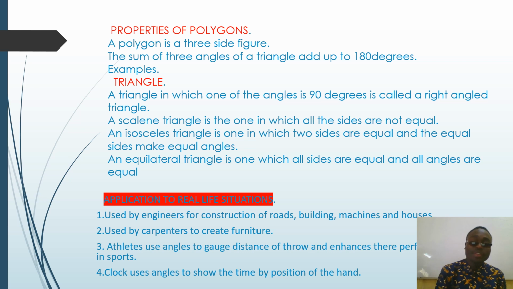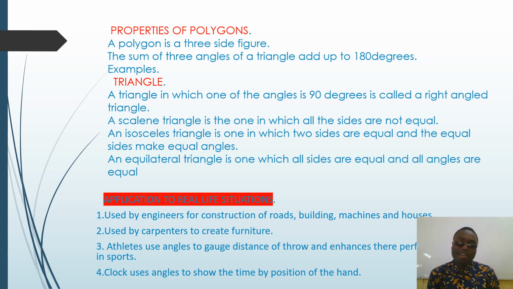So now, having looked at all the properties of angles, we are going to look at applications, or rather real life situations where angles can be applied. Now let us start with number one. We have used by engineers for construction of roads, buildings, machines, and houses. As we scroll downwards, we will see a picture that illustrates the way we can apply angles in construction.